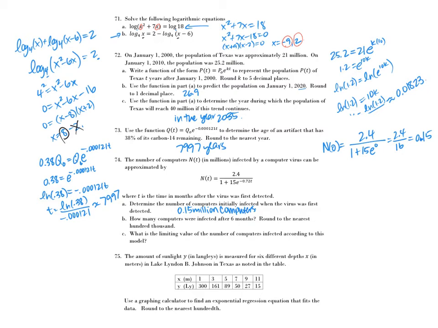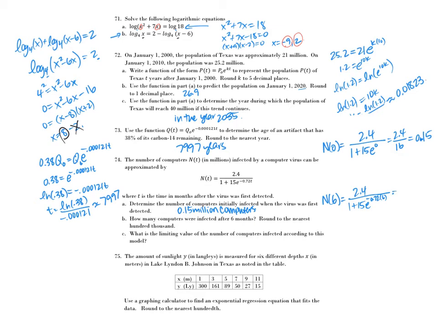How many computers were infected after 6 months? So what is t measured in? Months? Okay, so we're going to plug in 6. I'll put all that in my calculator.